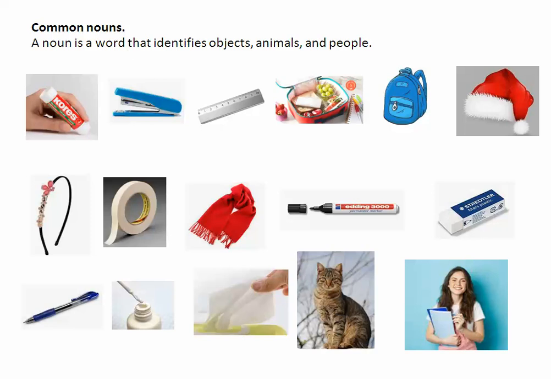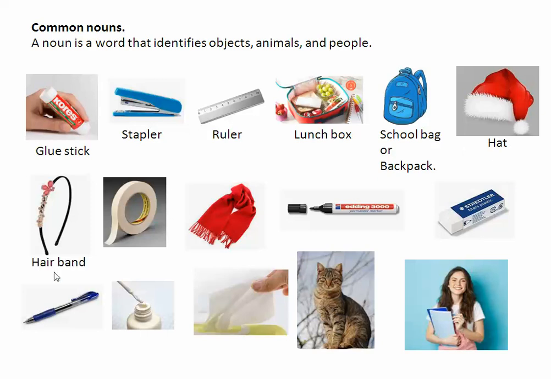What you are looking at refers to a group of common nouns. For example, we have here a glue stick, a stapler. This is a ruler. We have here a lunch box, a school bag, also called a backpack. We have a hat, in this case a Christmas hat.